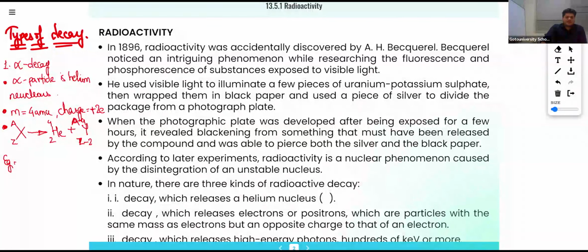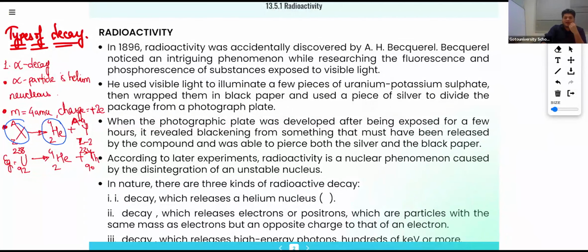Let us consider an example. We have uranium with mass number 238 and atomic number 92. From this, we are releasing helium, which will be 4 and 2. What will we be left with? We'll be left with thorium: 238 minus 4 is 234, and 92 minus 2 is 90. I will mark the first thing with a blue pen. This is known as the parent nucleus.